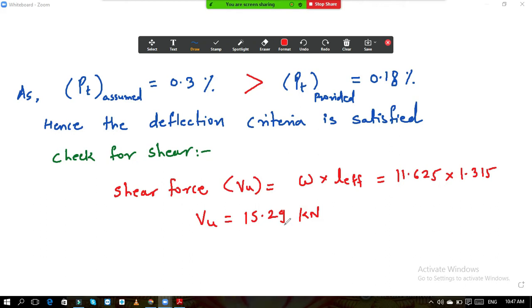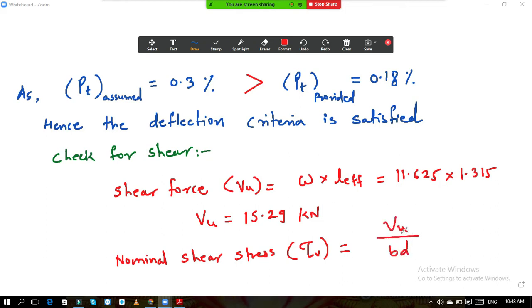Now after the calculation of shear force, we will calculate the nominal shear stress, which actually gets developed in the slab. The notation for this is tau v, and it is calculated as tau v is equal to Vu upon bd.